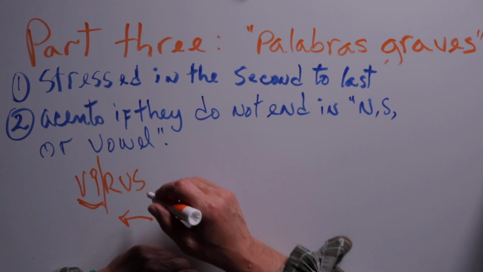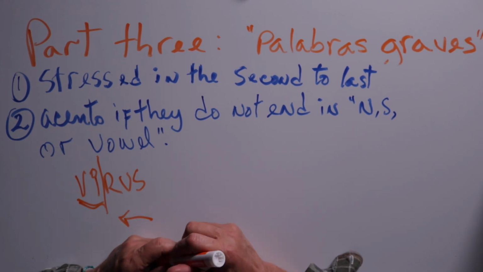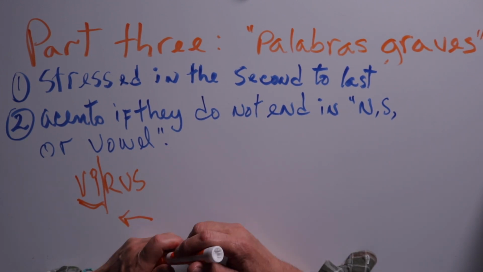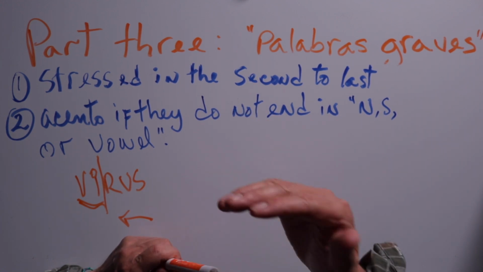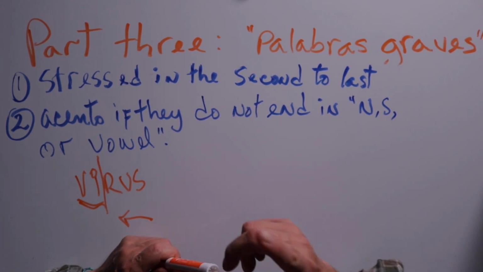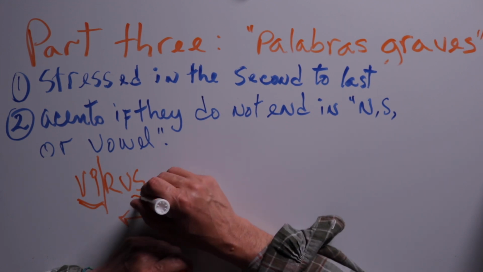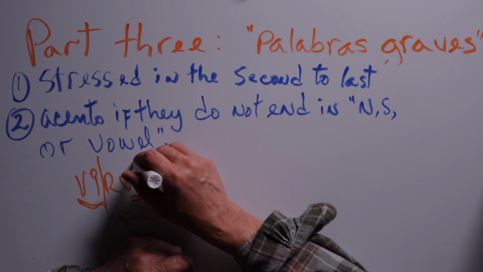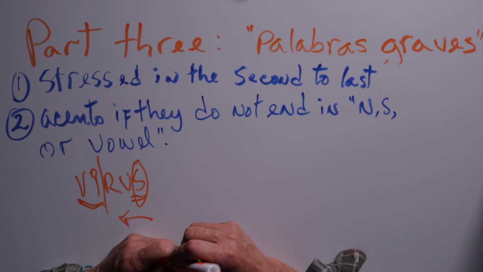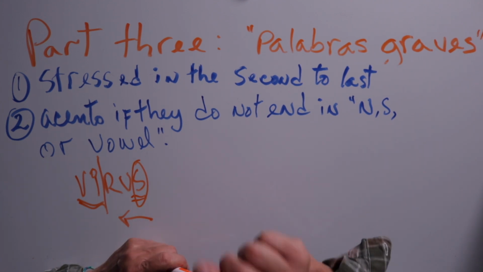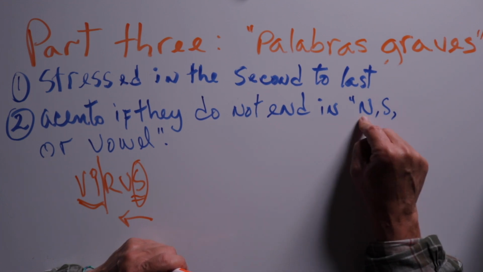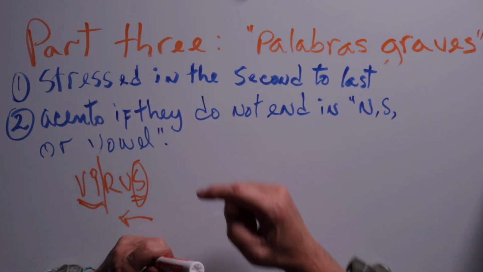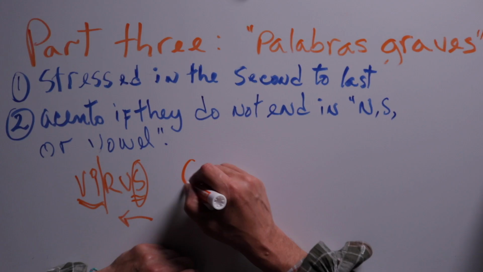Why do I not write down the acento? That's a question to you. You probably can guess now. Well, I cannot write down the acento, and if you say that, you are absolutely correct, because it's ending in es, and the palabras graves only carry acento if they end in something different than en, es, or a vowel.